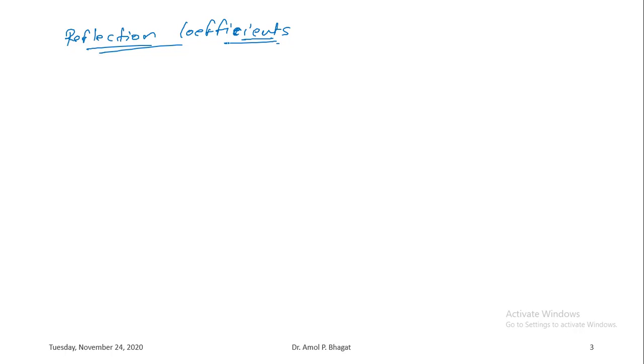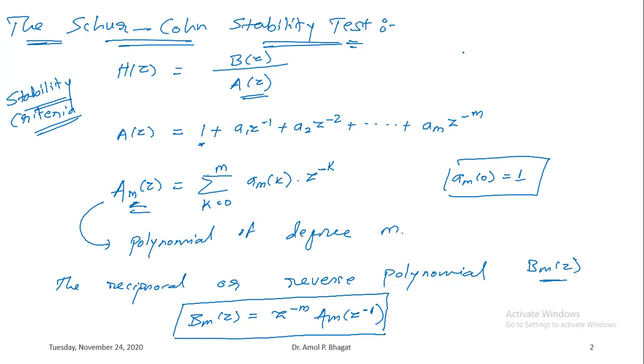So those reflection coefficients are simply indicated as k1, k2 up to, just for example, kn, depending on the order of polynomial. So these reflection coefficients are identified from the polynomial Am of z, that is nothing but the denominator polynomial Am of z, right?